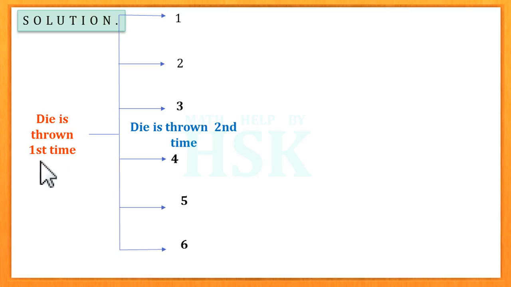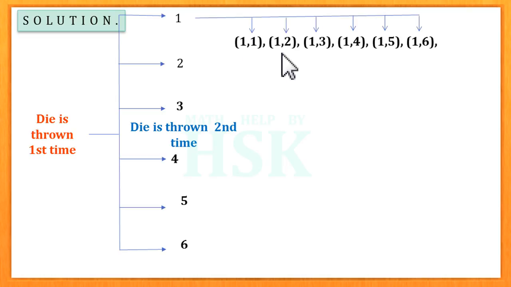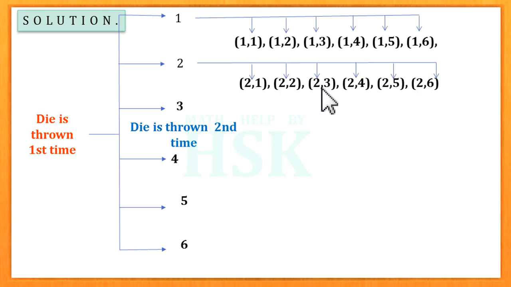If the first throw results in 1, then after the second throw we get 1 1, 1 2, 1 3, 1 4, 1 5, 1 6 as outcomes. Again, if the first throw results in 2, then after the second throw we get 2 1, 2 2, 2 3, 2 4, 2 5, 2 6 as outcomes.